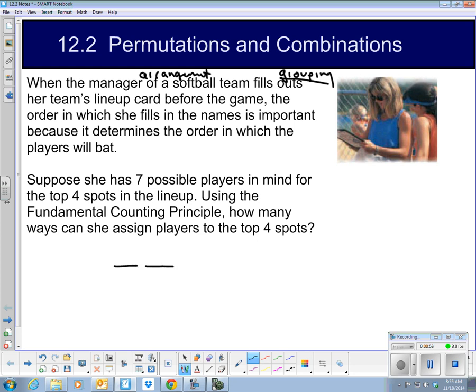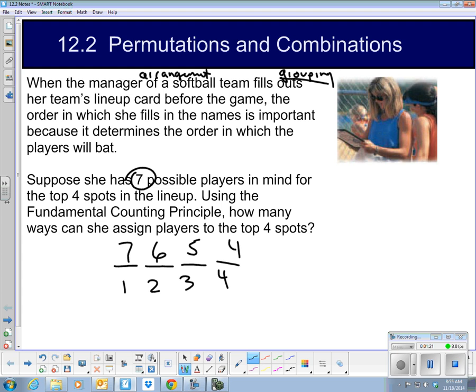Well, if I'm looking at the top 4 spots in the batting order, I'm going to think about 1, 2, 3, 4. If she's got 7 possible players in mind, then for the first spot she's got 7 choices. Once you take away that choice, then for the second she's got 6, then 5, 4.